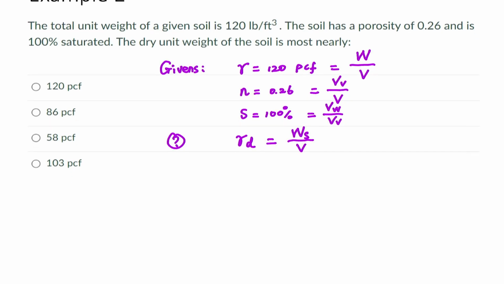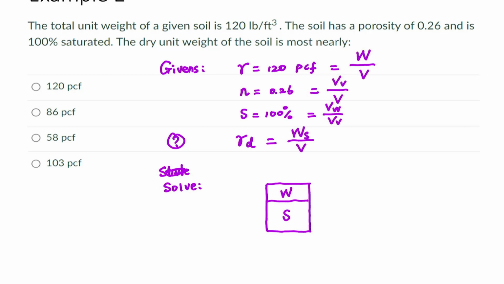So let's try to solve this. Again, it's always a good idea to plot the three-phase diagram for the soil. A convenient thing for this problem is that we know it's fully saturated, so there's no air, and we only have water and solid.